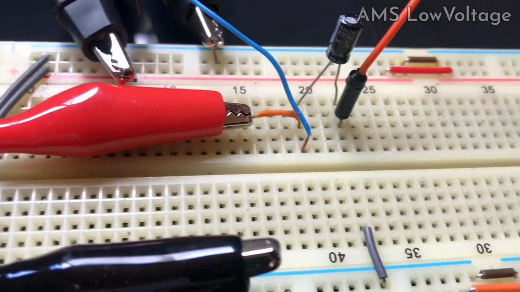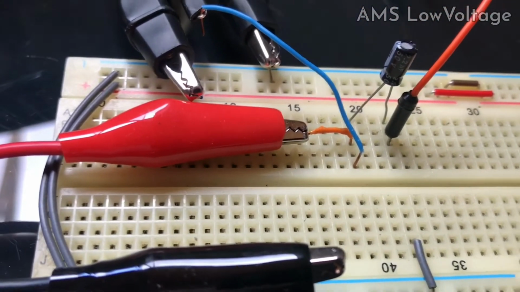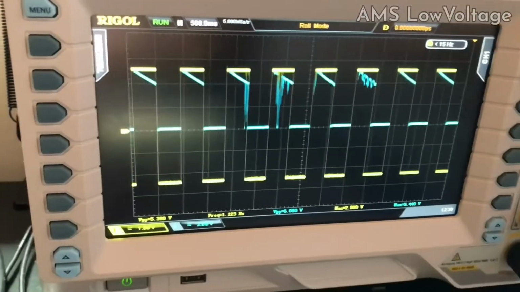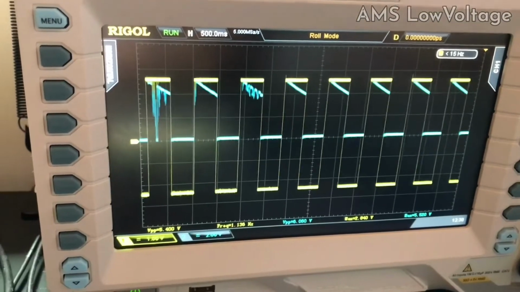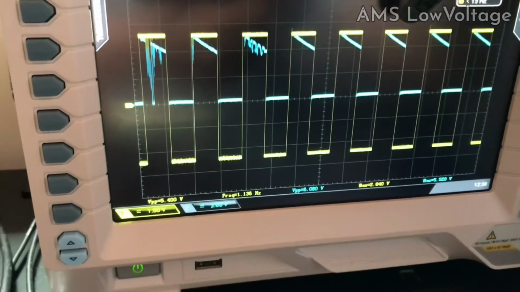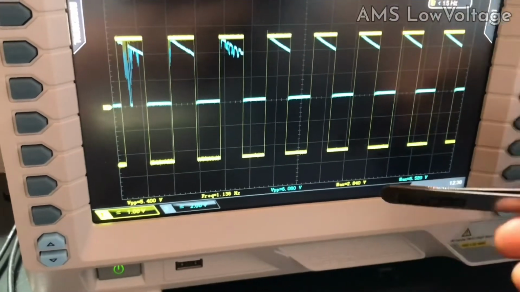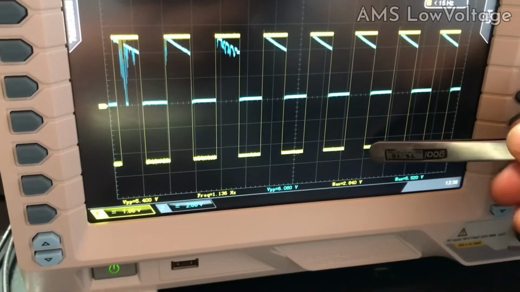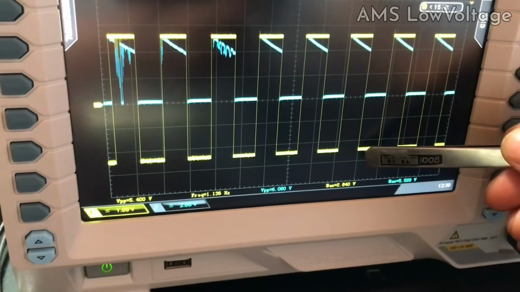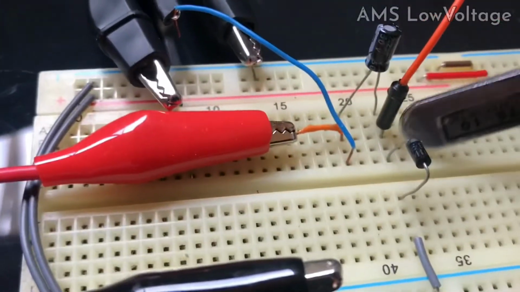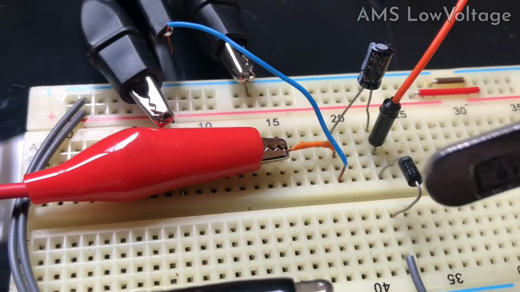Now I'm replacing the ground line with a simple diode. For the positive pulse, it's completely like before. For the negative pulse, as soon as it happens, the diode is on, because I have connected the diode like this: this is the cathode and this is the anode.